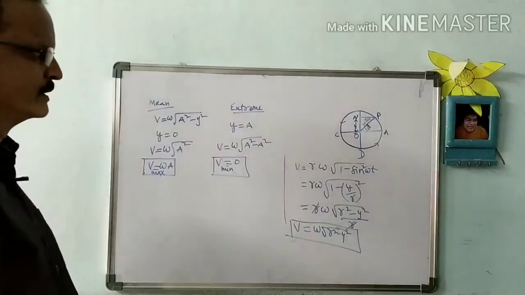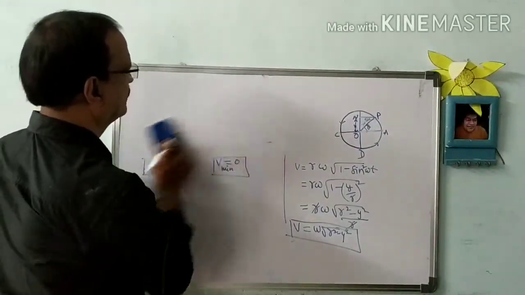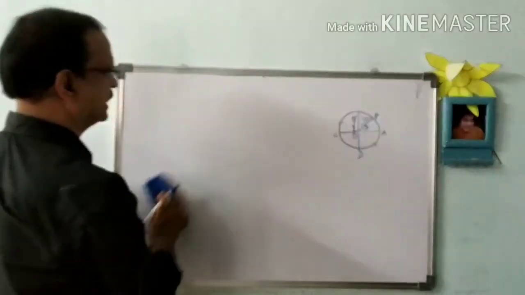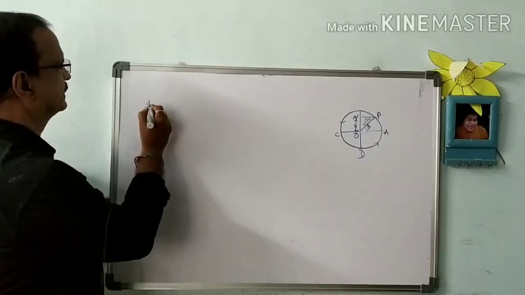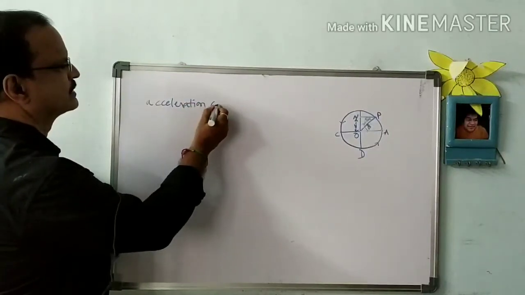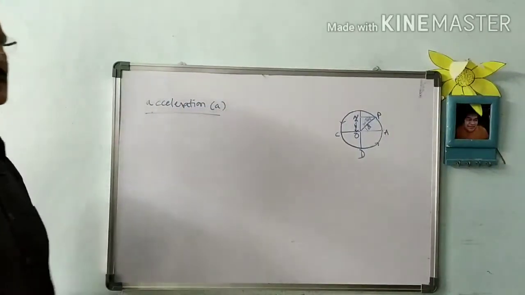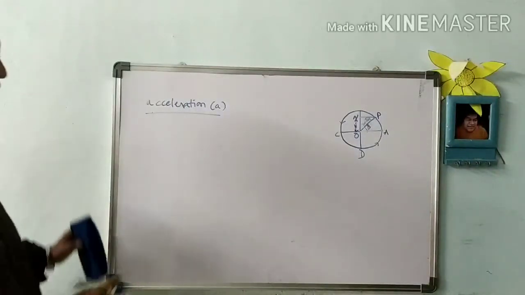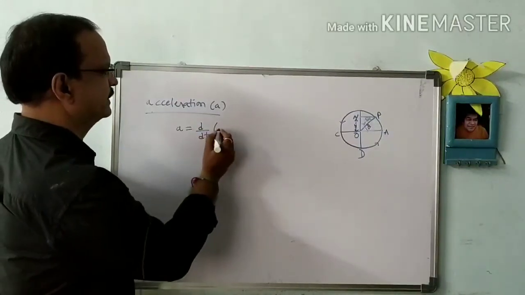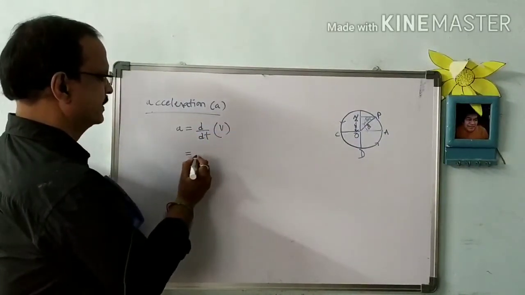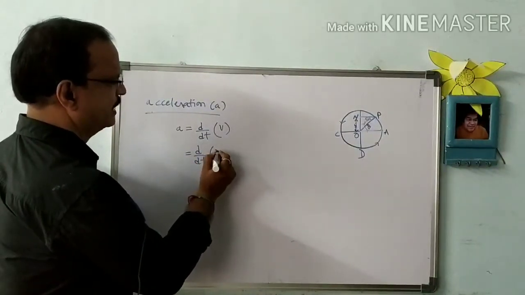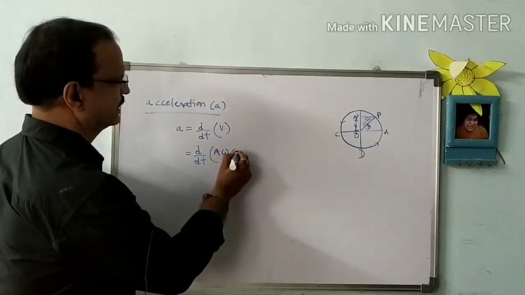Okay. So not only that, when we know about the velocity, now we discuss the acceleration of a particle in SHM. By definition of acceleration, you know that it is the rate of change of velocity, so d by dt of v. So we know that v is A omega cos omega t.